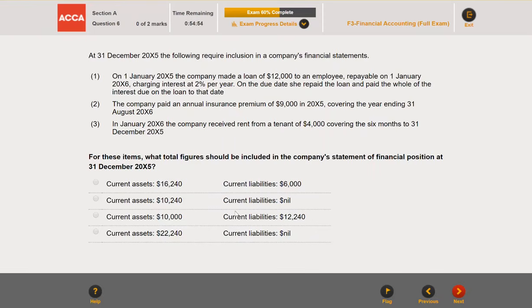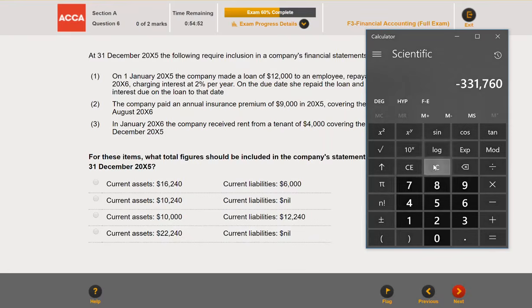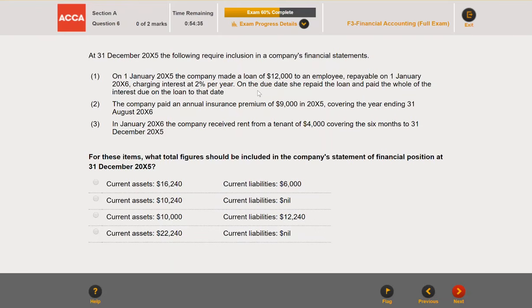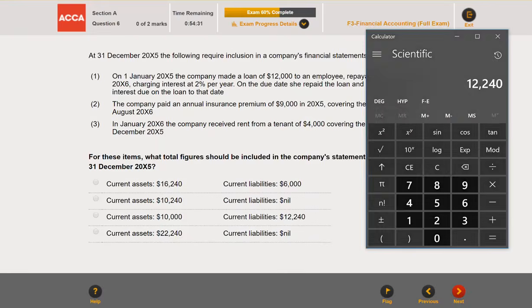So if we take that, it gives us 240 interest. So 240 interest plus 12,000 was receivable. Because the repayment was in 1 year, it was current asset. So from first part we have 12,240 as current asset.